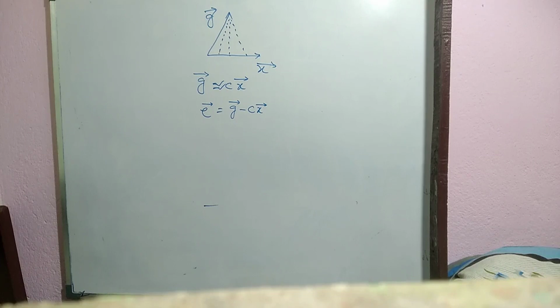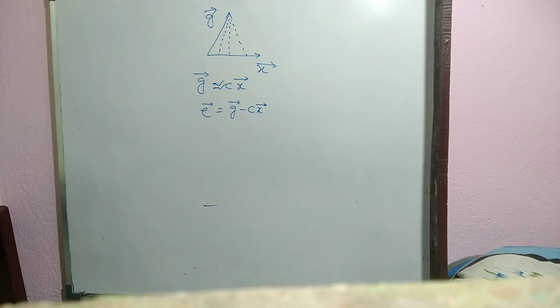Therefore, if you calculate the energy of this error signal E, this will be minimum when E is represented in the direction perpendicular to the x-axis or x direction.